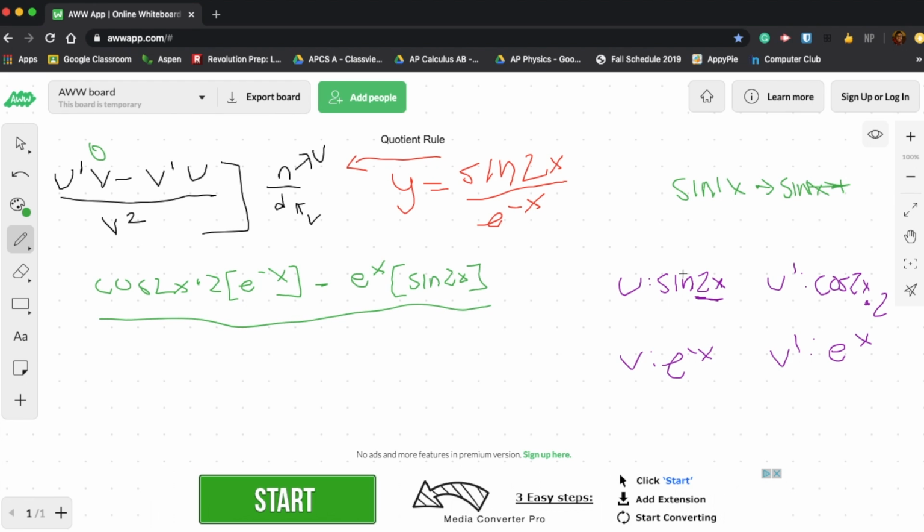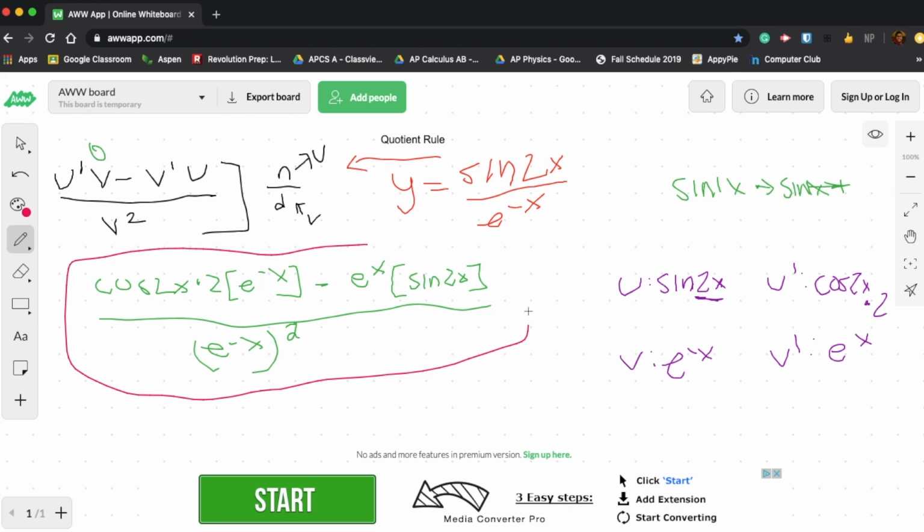And then that is all over v squared, which is equal to e to the negative x, squared. Alright, hopefully that looks like a 2. And this is our solution to the problem.